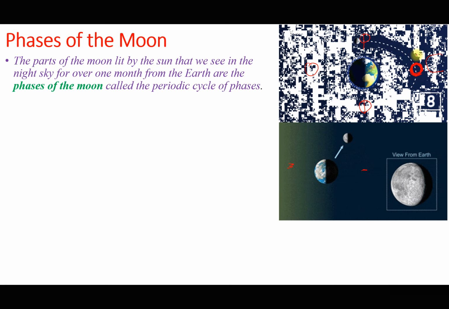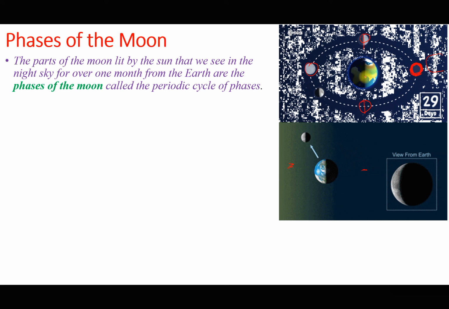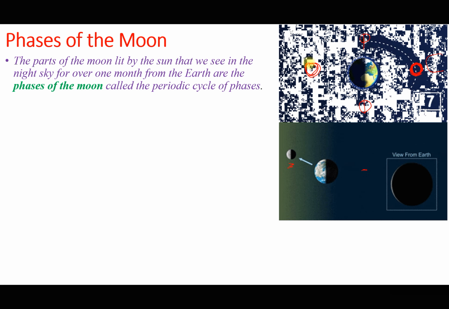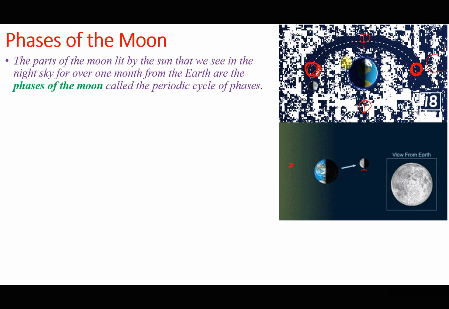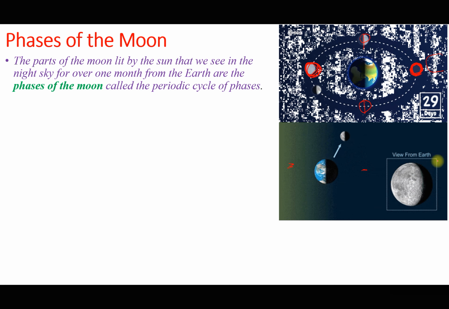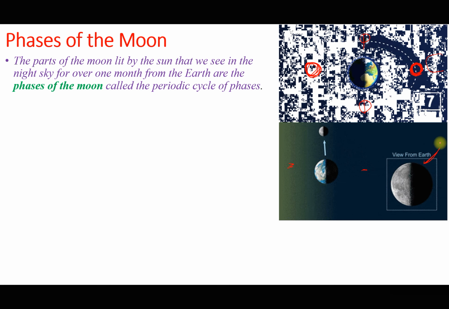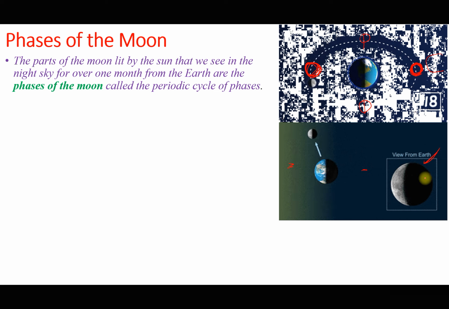And as the moon moves, the part of the moon which is being lit up by the sun, as observed by an observer on the Earth's surface, grows bigger, and it becomes biggest when the moon is in this position here, where we shall see what we call a full moon, and then it starts becoming smaller, and the cycles continue. So I think this animation here is representing what is happening to the moon.